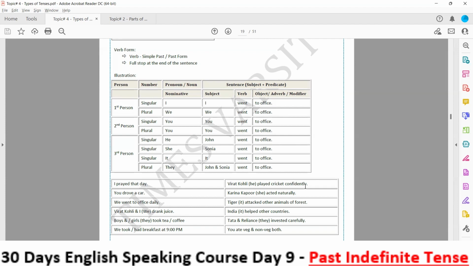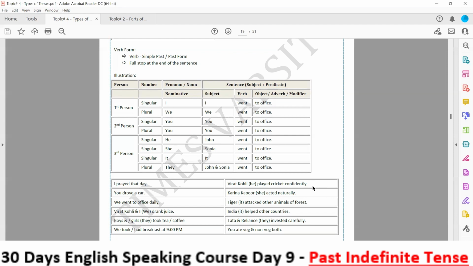Let's say yesterday there was an India-Pakistan match, right? So let's say we have watched that match, and after that match we may be speaking about Virat Kohli. So it is in past, right? Yesterday was in past. So this sentence you can say now. Please read out this sentence and translate.